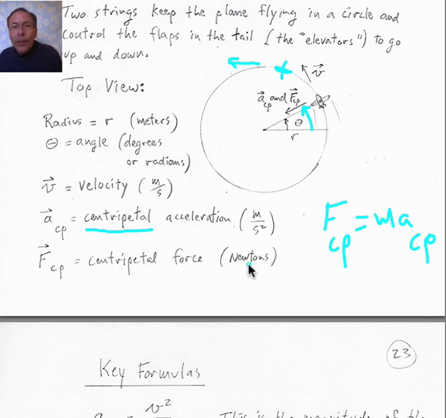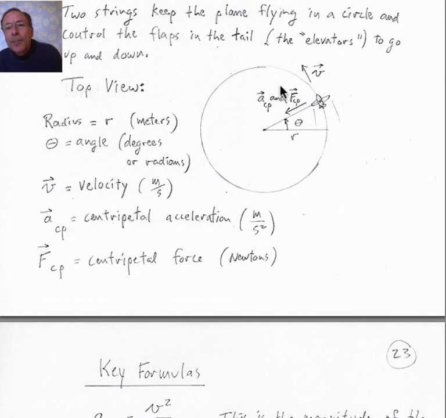Okay, and now one last thing before I leave this picture. This velocity vector is called the tangential velocity.